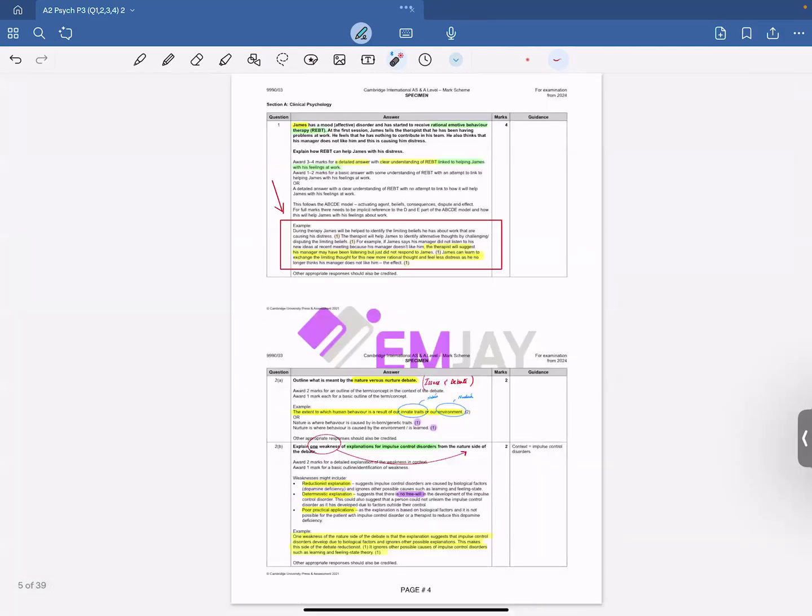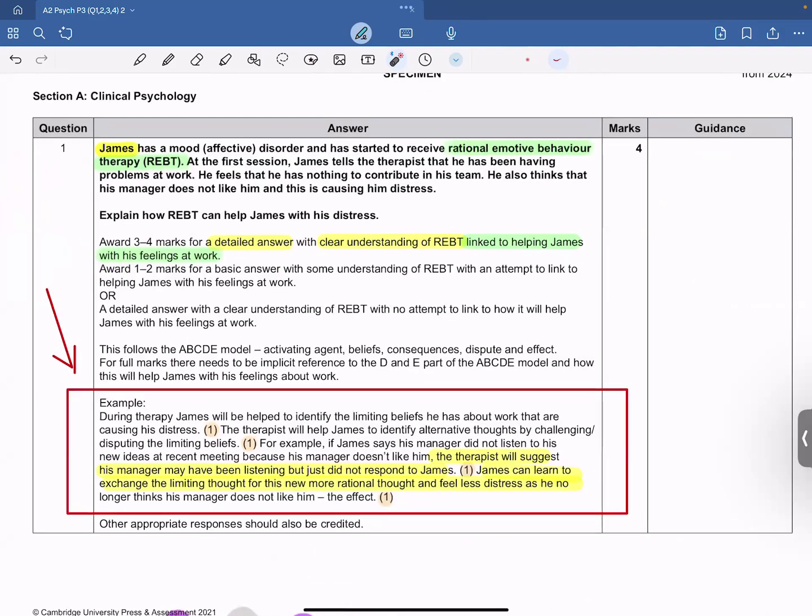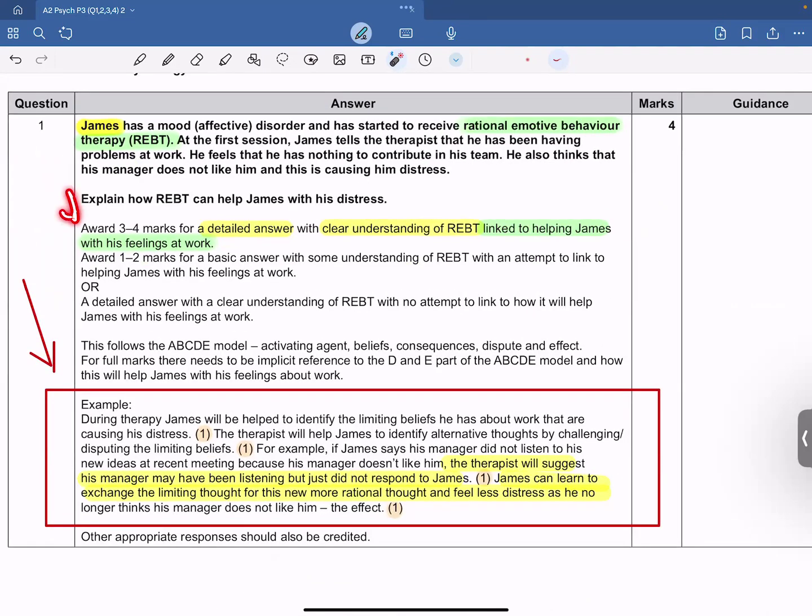Having a look at the marking scheme real quick. Award 3 to 4 marks for a detailed answer with clear understanding of REBT, which is linked to helping James with his feelings at work. Remember, for you to be able to score a 4 on 4, you need to ensure that your knowledge of REBT is being applied correctly in the case of James.